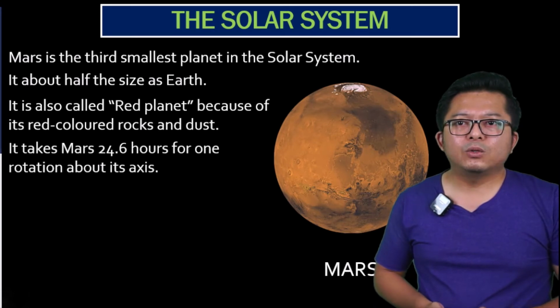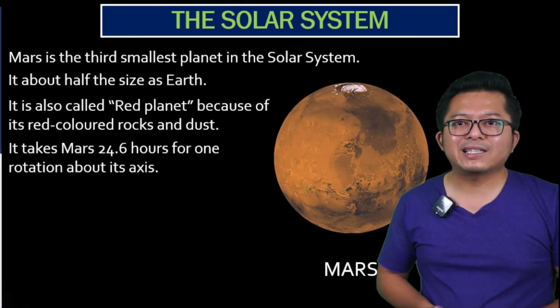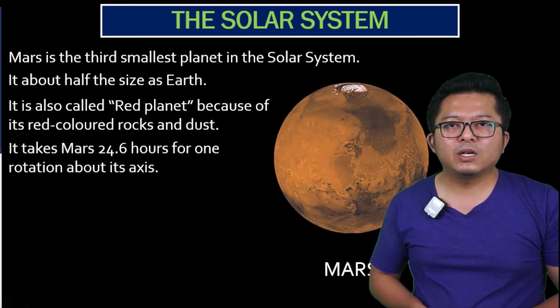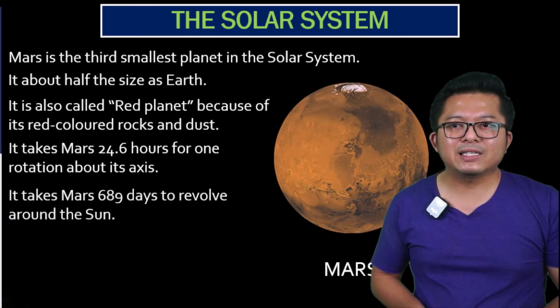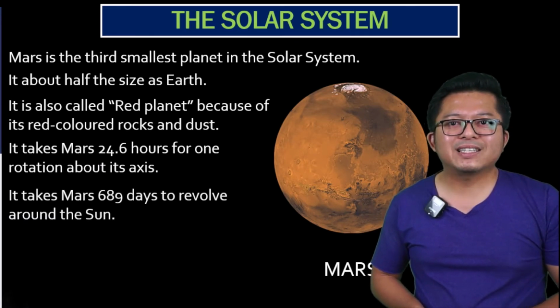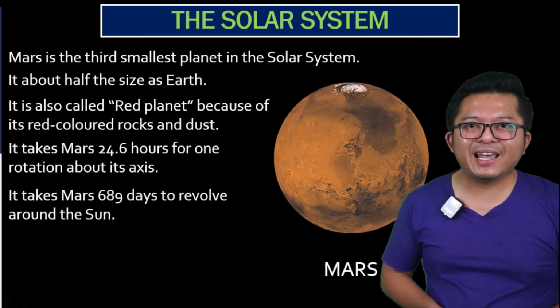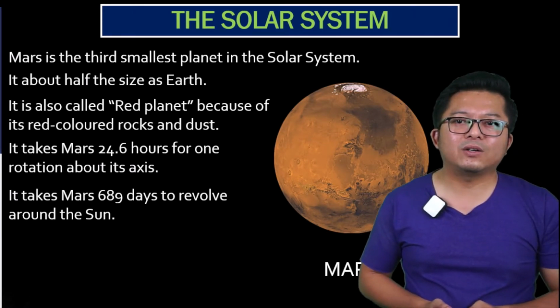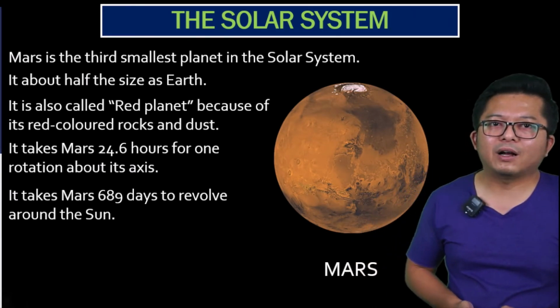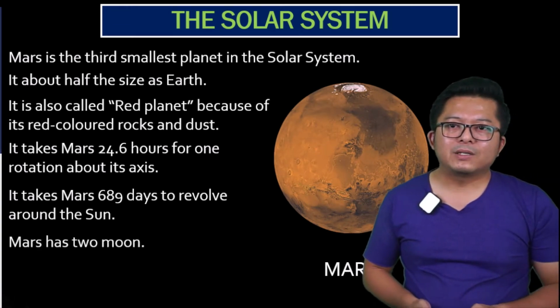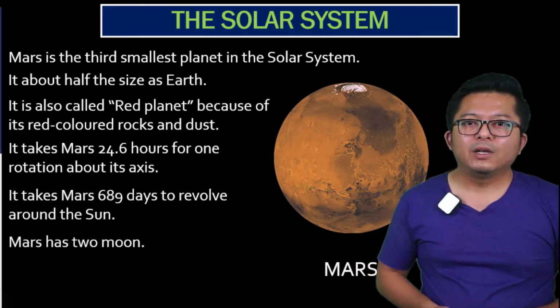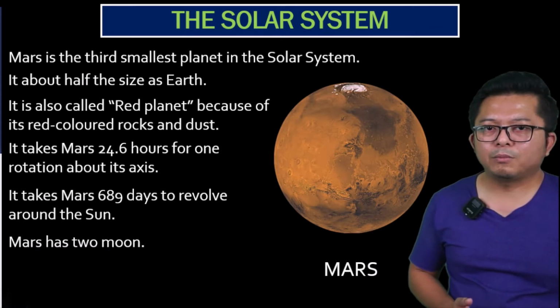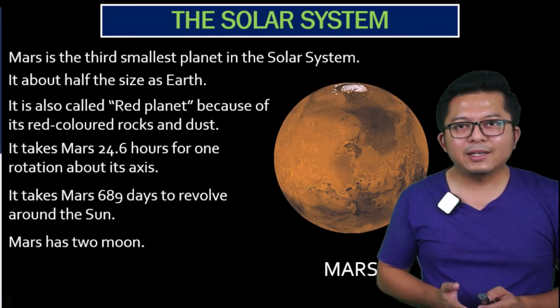It takes Mars 24.6 hours for one rotation about its axis. It takes Mars 69 days to revolve around the sun. Mars has two moons. If you want to learn more about Mars, you can check on the internet.